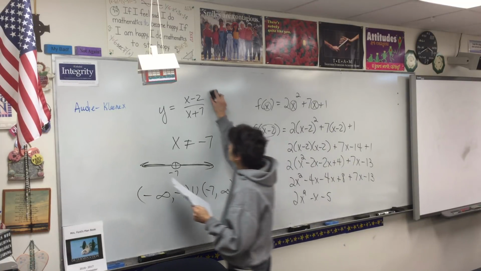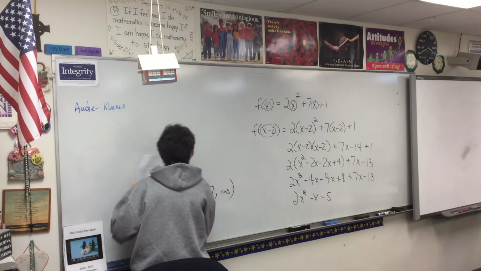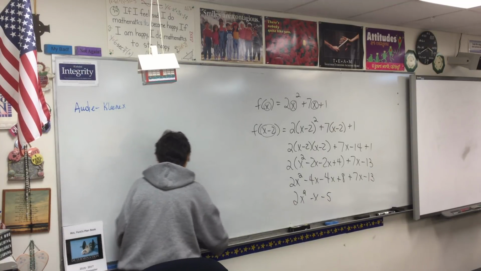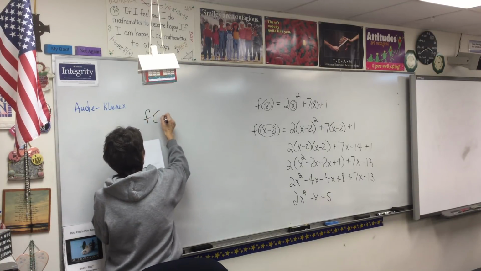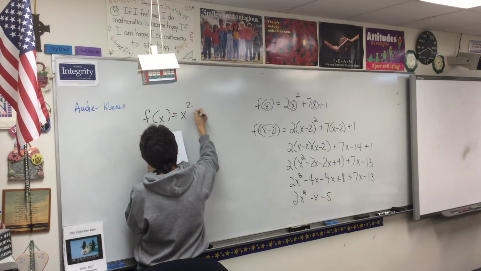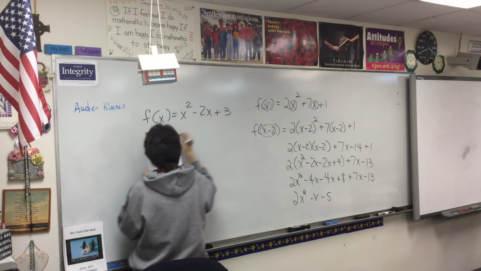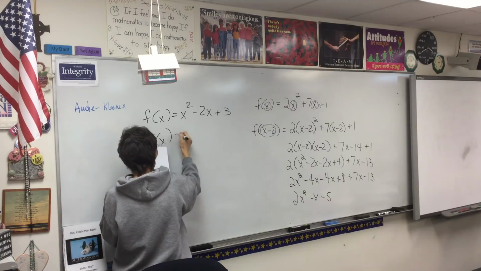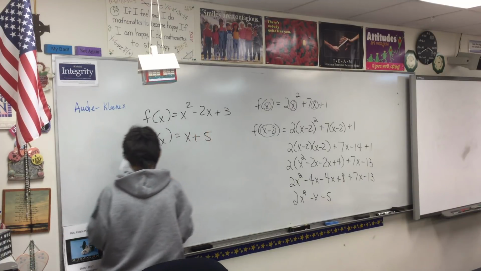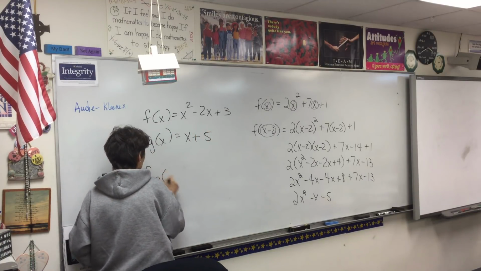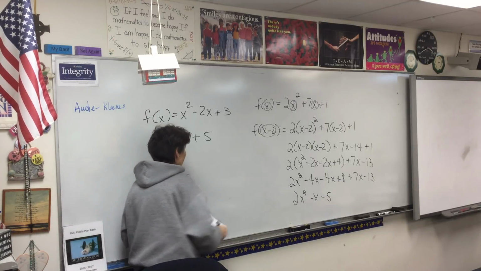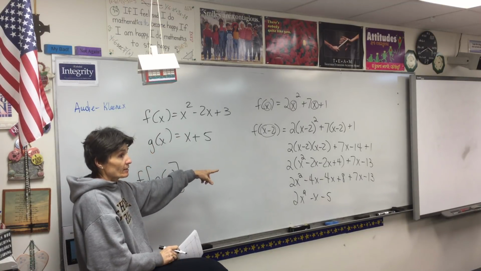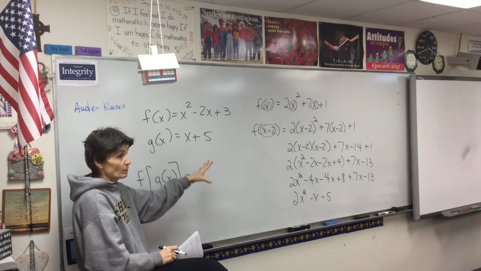All right, number 9. Two functions, f and g. And I am to find f of g of x. Well, believe it or not, this problem is almost identical to that one. They're very, very similar.